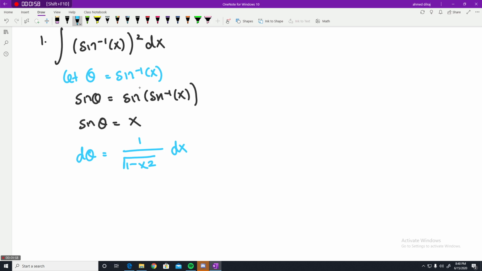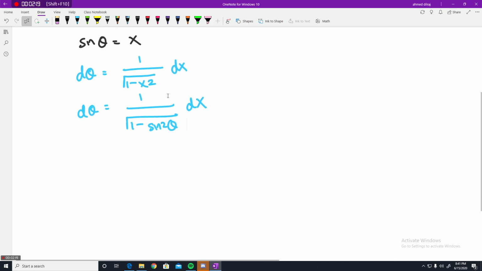Now you see here we said previously that x is equal to sine theta, right? So we can substitute this x squared with sine squared theta. So this becomes d theta equals 1 over square root of 1 minus sine squared theta dx.